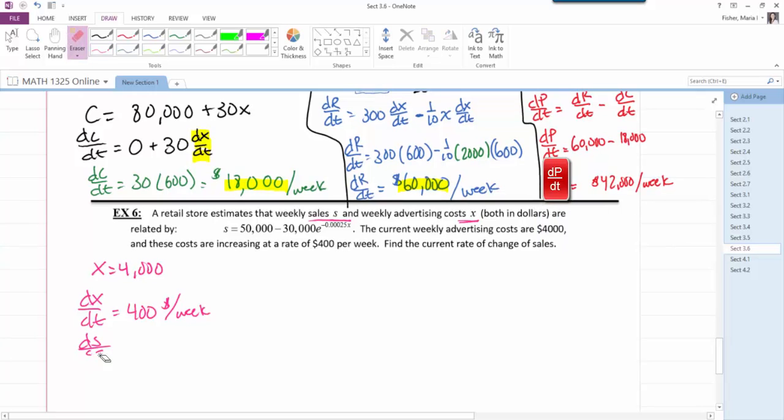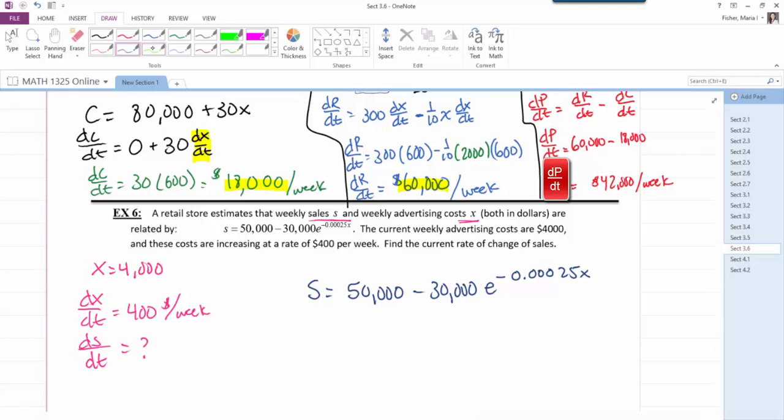So what is ds/dt? Well, I'm already given the equation, so part 3 is done for me. So I just need to find the derivative of s equals 50,000 minus 30,000 e to the negative 0.00025x. So let's find the derivative. Well, I know that ds/dt is going to equal, the derivative of 50,000 is 0.